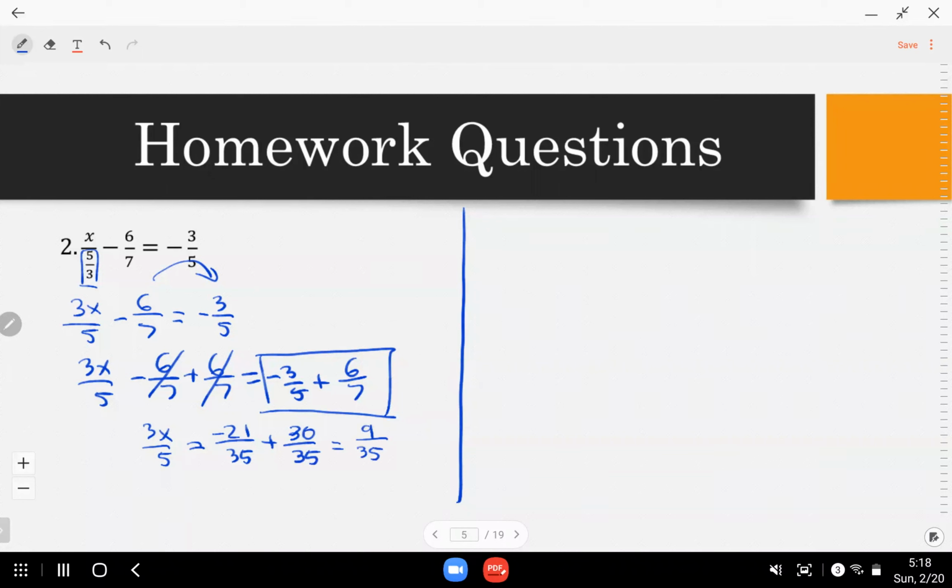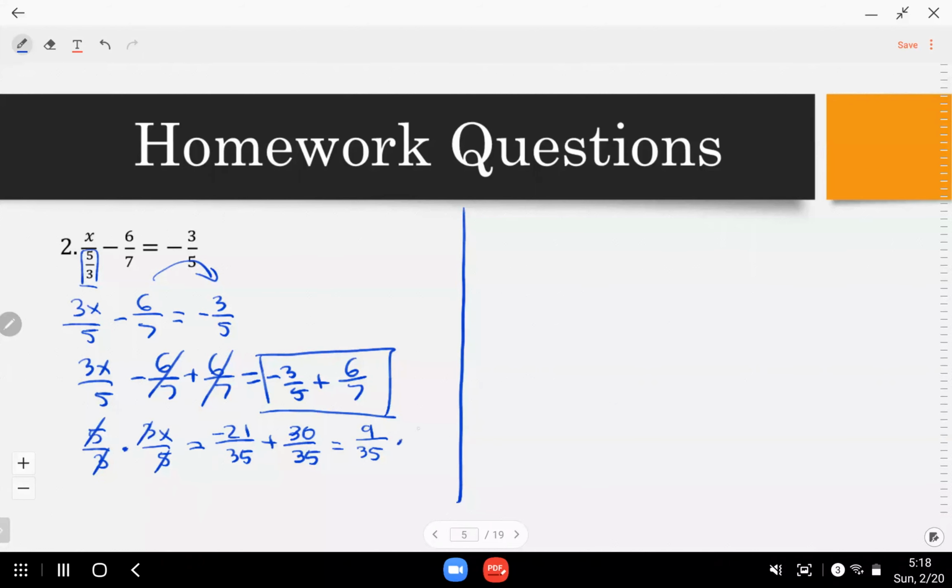Okay, then what if you multiply both sides by 5/3? If you multiply both sides by 5/3, then these 5's cancel out and these 3's cancel out. Perfect, we get x by itself.